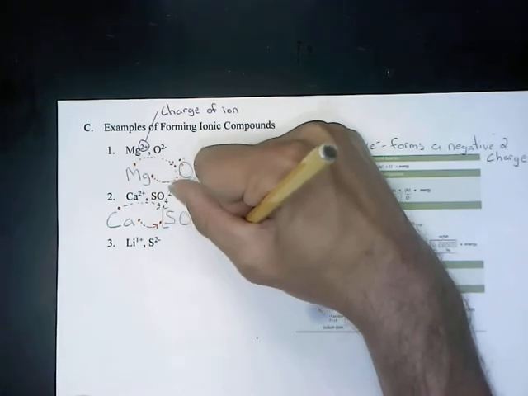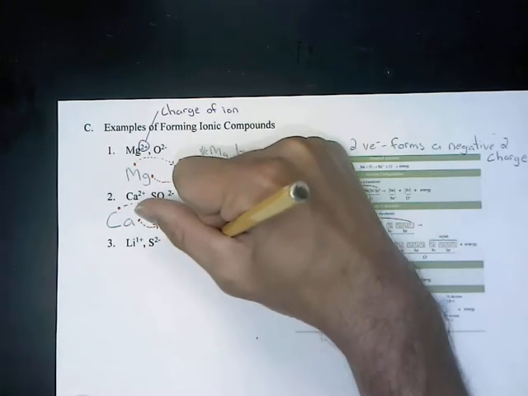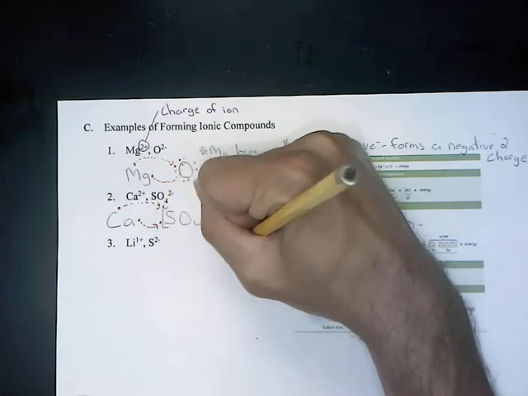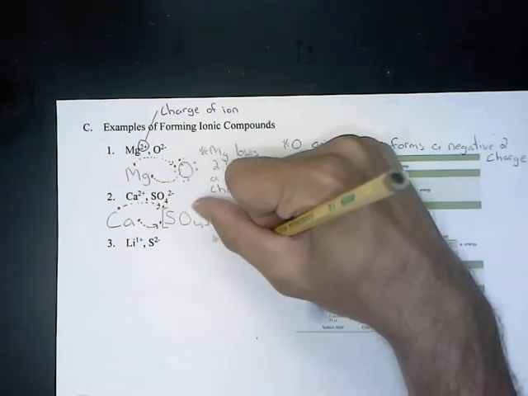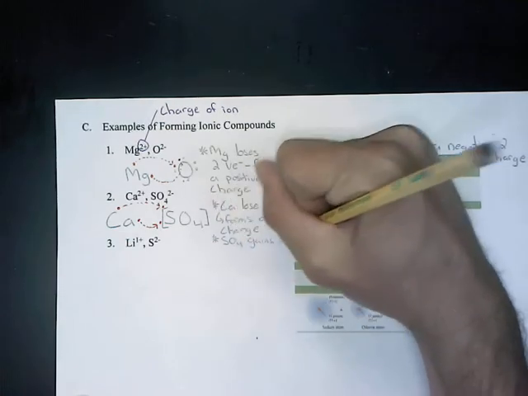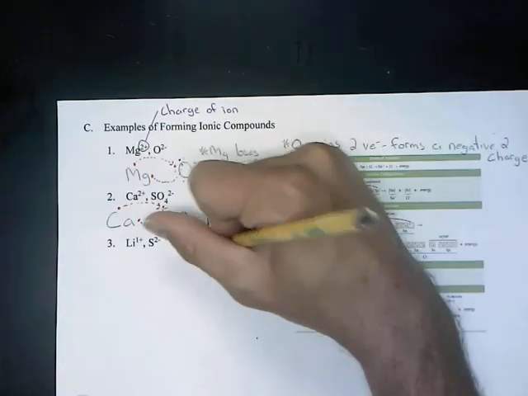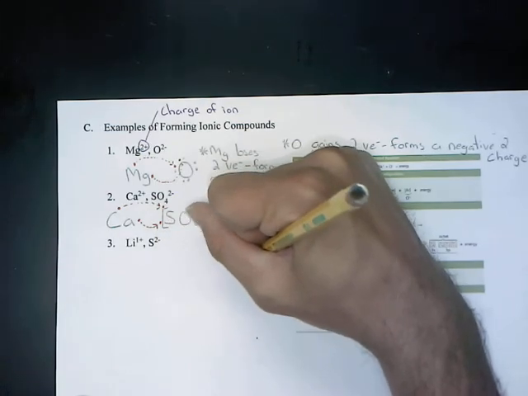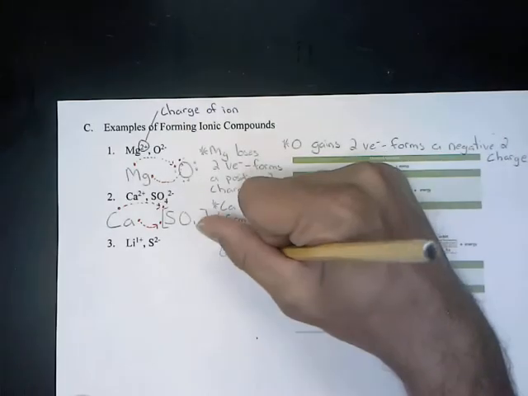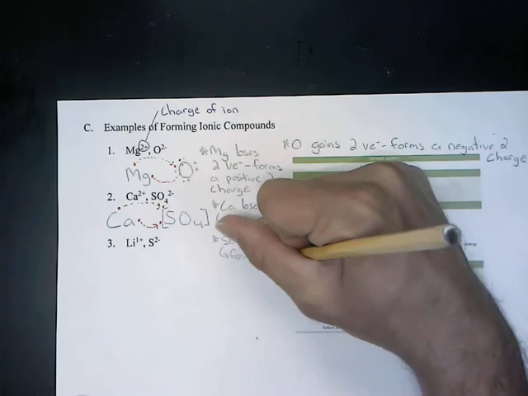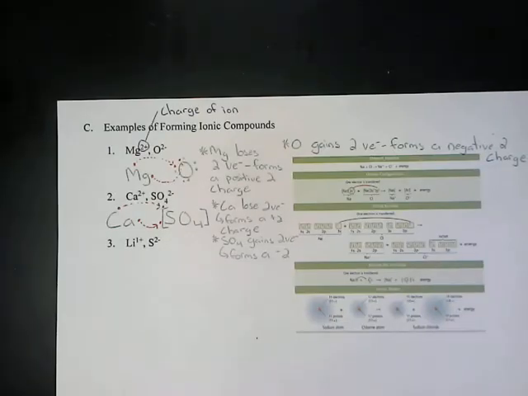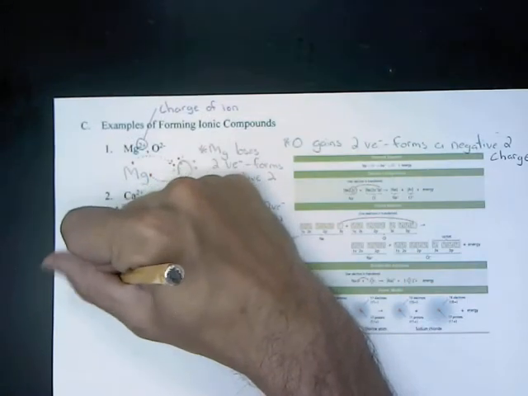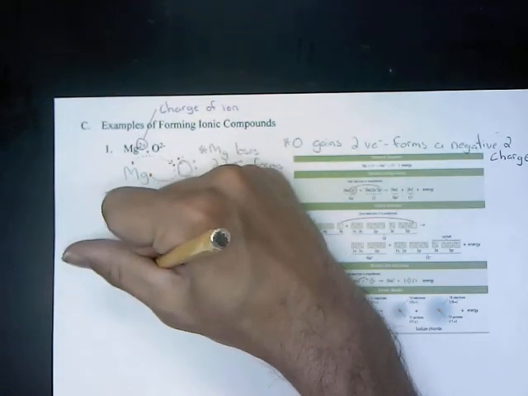On the opposite side, SO4 gains 2 electrons and forms a -2 charge. And we'll talk about these charges and what they mean in a little bit in section 3 when we get to that point. Now, we're going to do the same thing with lithium and sulfur.